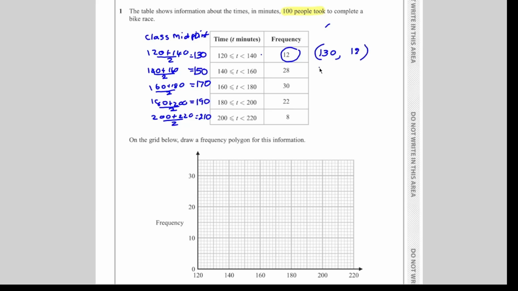Second one, 150 and its frequency, which is 28. Next midpoint and its coordinate, which is 170 comma its frequency, which is 30. 190, its frequency, which is 22. 210, its frequency, which is 8.